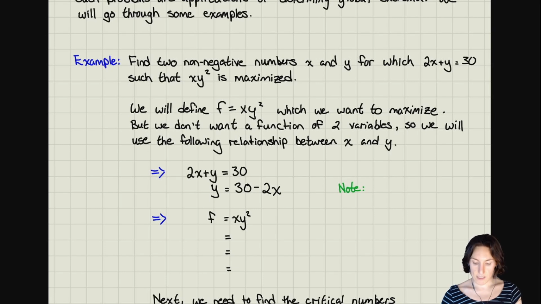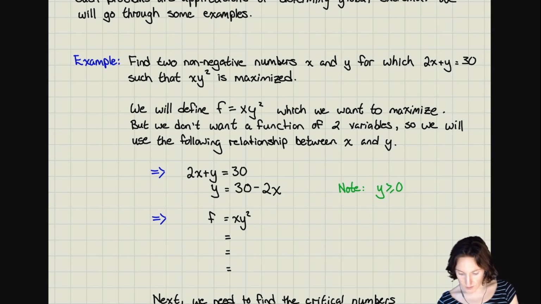Now, keep in mind that our question tells us that we need two non-negative numbers. So I need to have a note here for myself saying that, remember that this y needs to be positive. And because I've expressed my y as 30 minus 2x is greater or equal to 0, that means that if I isolate for my x, so bring the 2x to the other side, my x is going to have to be less than or equal to 15.